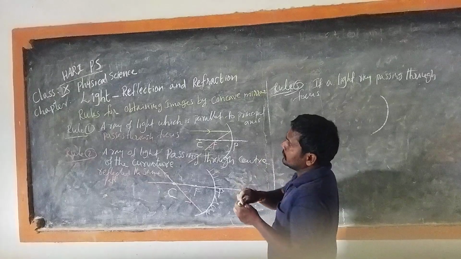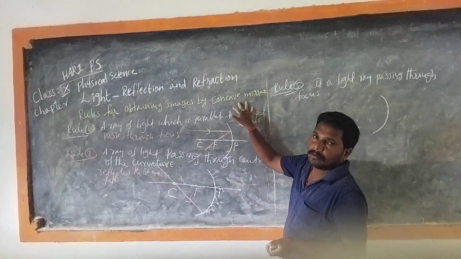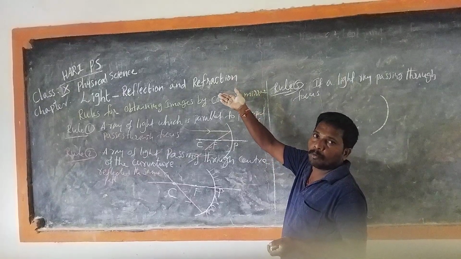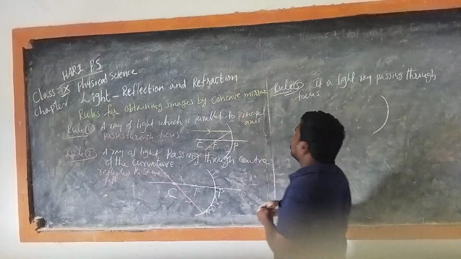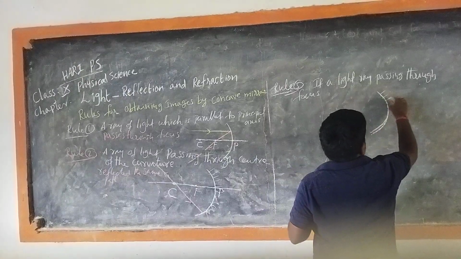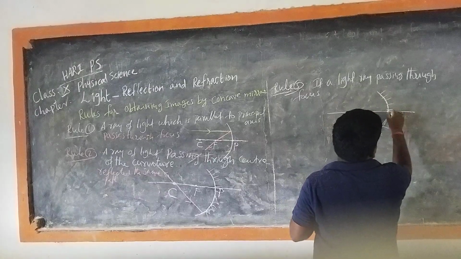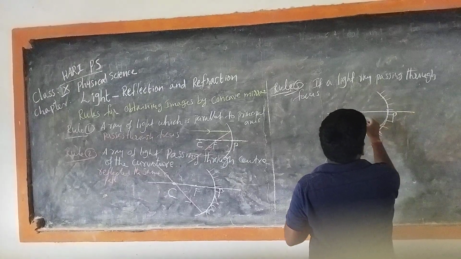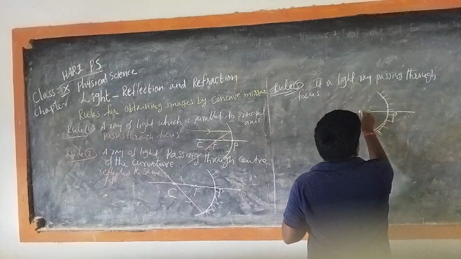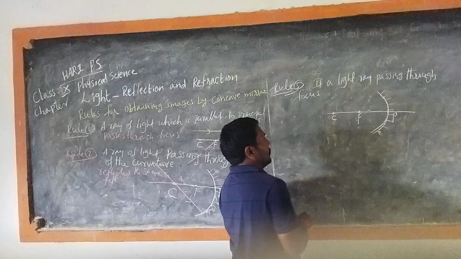Here we are discussing only the concave mirror. We will discuss the convex mirror later. A concave mirror, with the principal axis, pole, the focus, and this is the center of curvature.